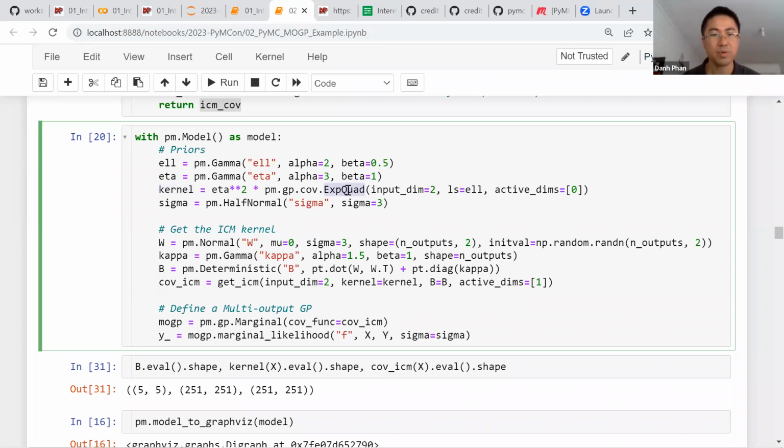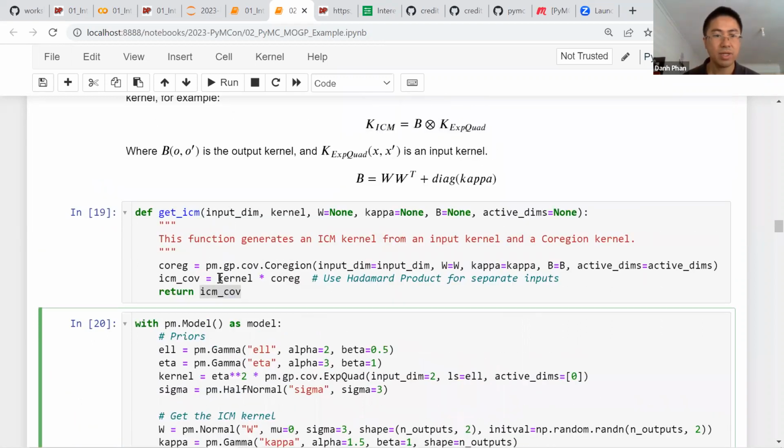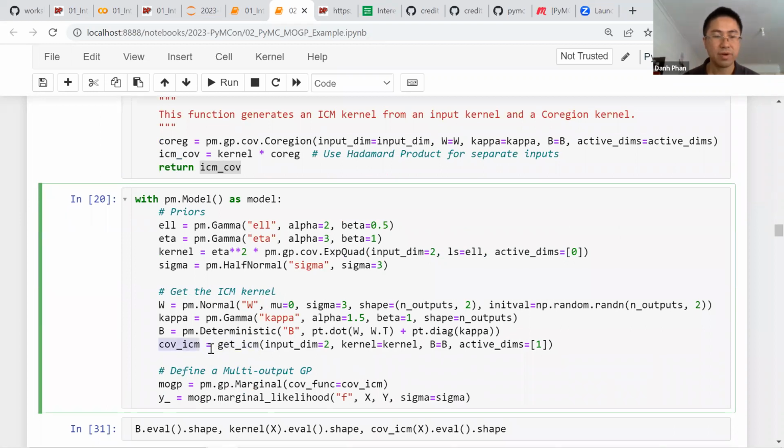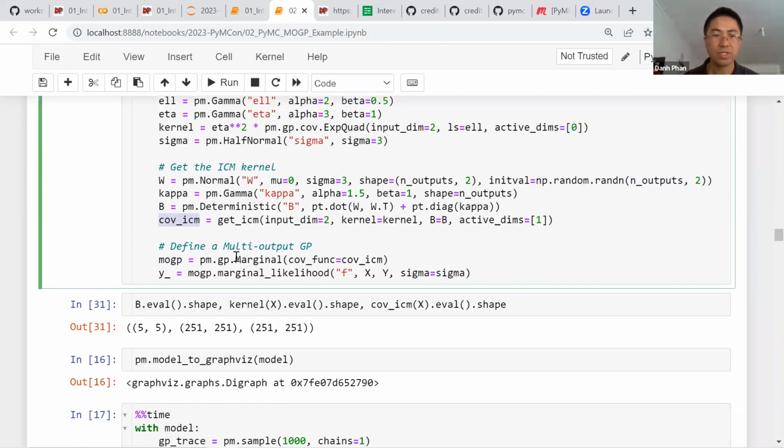In this case it is exponential quadratic, which has some length scale here. And also we set some prior for beta using the matrix W here and kappa here, and then we use the get ICM function we defined to calculate the covariance for ICM, and then we do the same calculation of the marginal likelihood as in our single output Gaussian process.